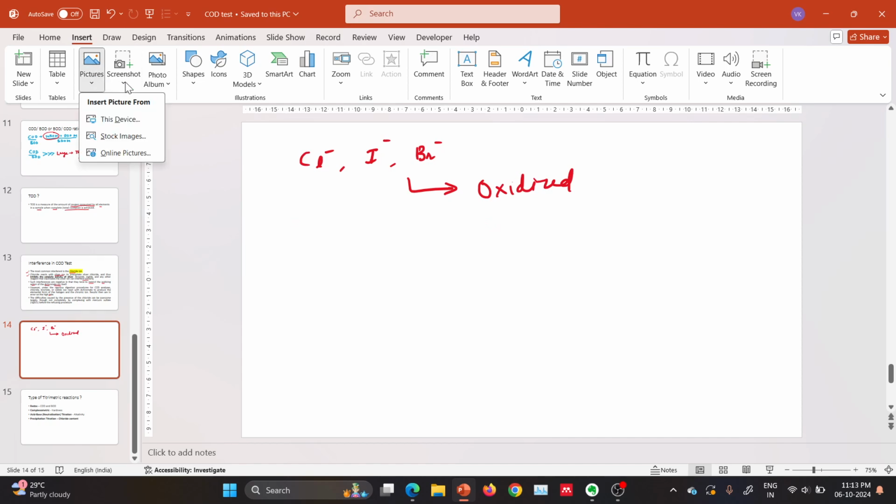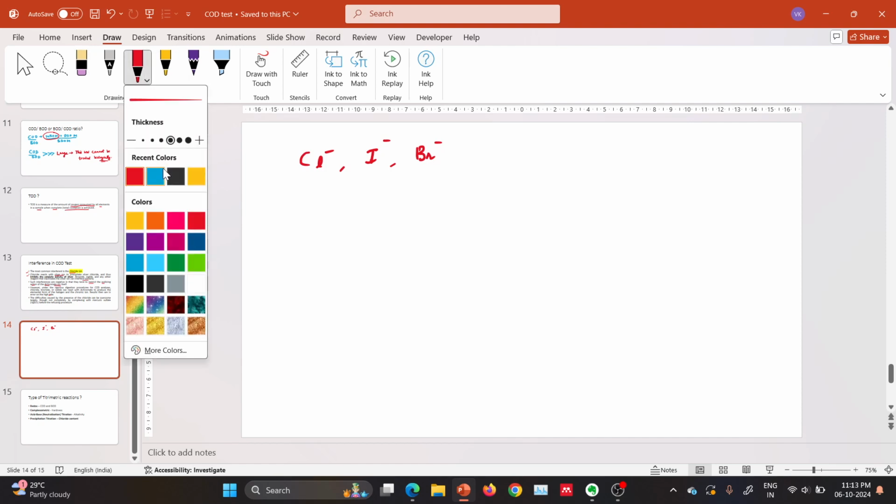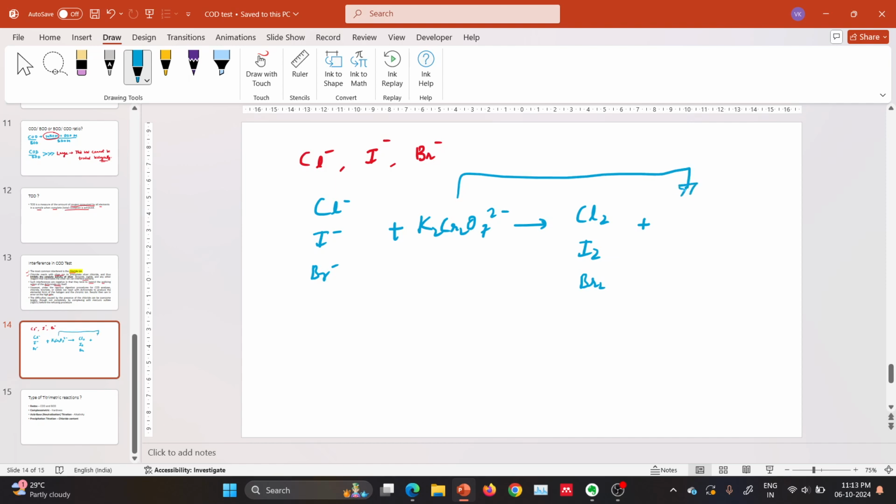Let's write it like this. Chloride, iodide, bromide: they will be oxidized to elemental form, and dichromate will be reduced to Cr3+.